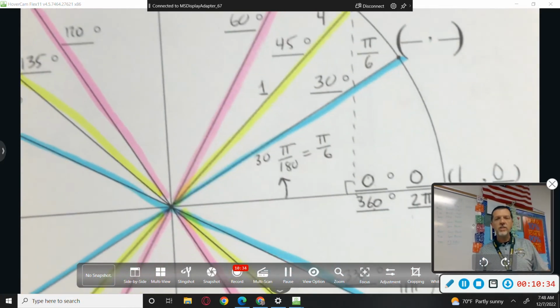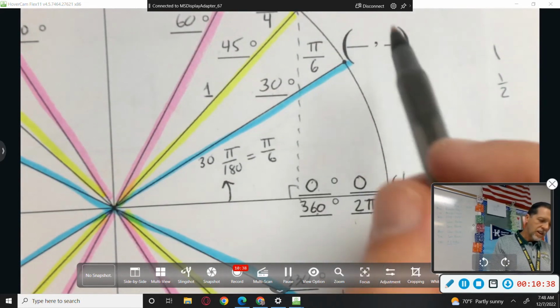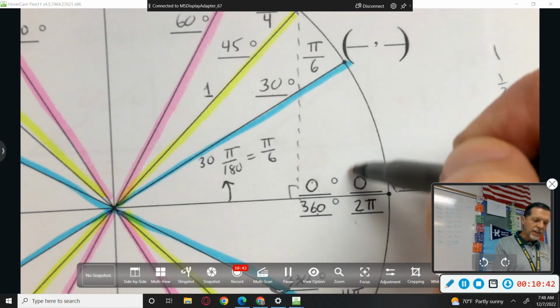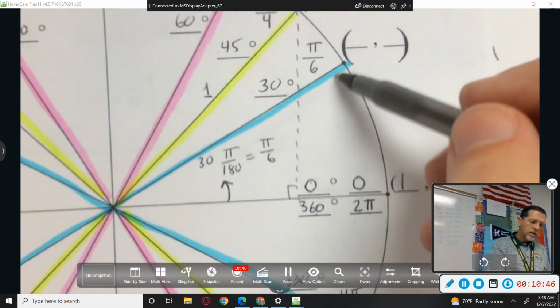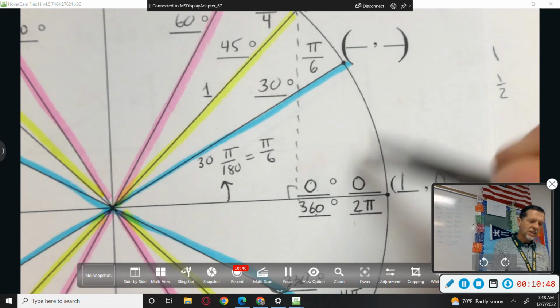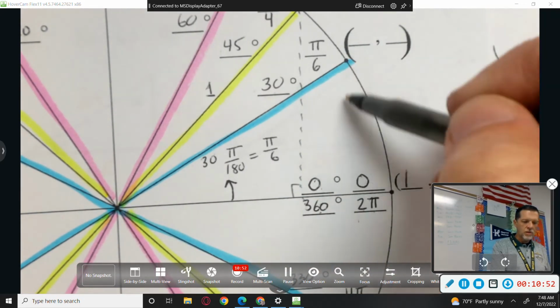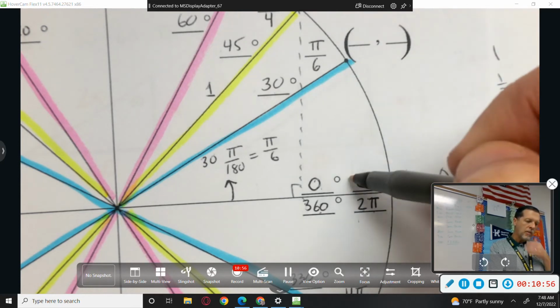Back to the unit circle. For our 30-degree marker, again, I'm visualizing the triangle. I don't want to draw it because my picture would get too crudded up. But I've got a right triangle in there with a hypotenuse of 1. We said the short side is 1/2.